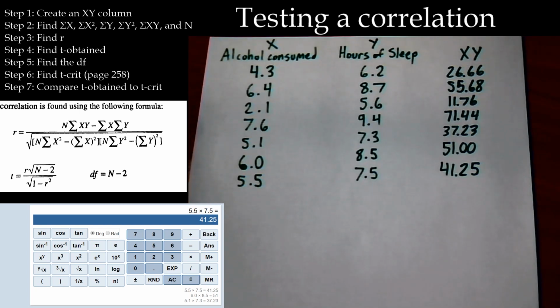Step 2 is to find the sum of column x, the sum of x squared, the sum of column y, the sum of y squared, the sum of xy, and n.